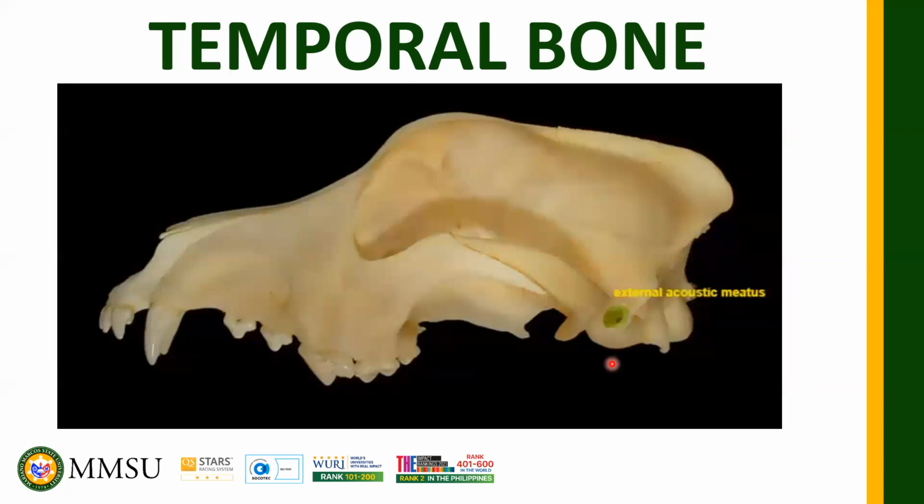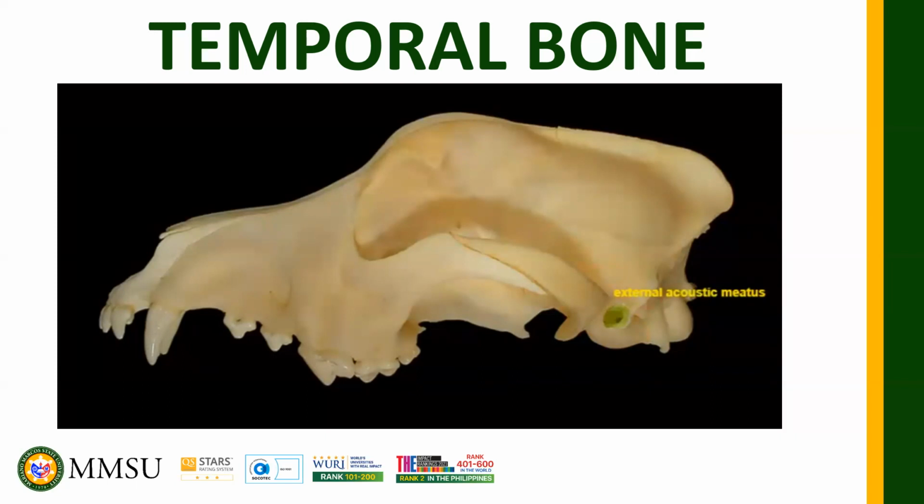So, P-I-N-N-A or auricle, that is A-U-R-I-C-L-E, and then to the tympanic membrane or what we call as the eardrum. So ano yung function ni external acoustic meatus is to protect yung mga delicate na structures ng middle tsaka yung inner ear from any external elements. Like for example, for any dust, for any debris that could enter, no? Or any insects, yun yung pinaka-function din ni external acoustic meatus.